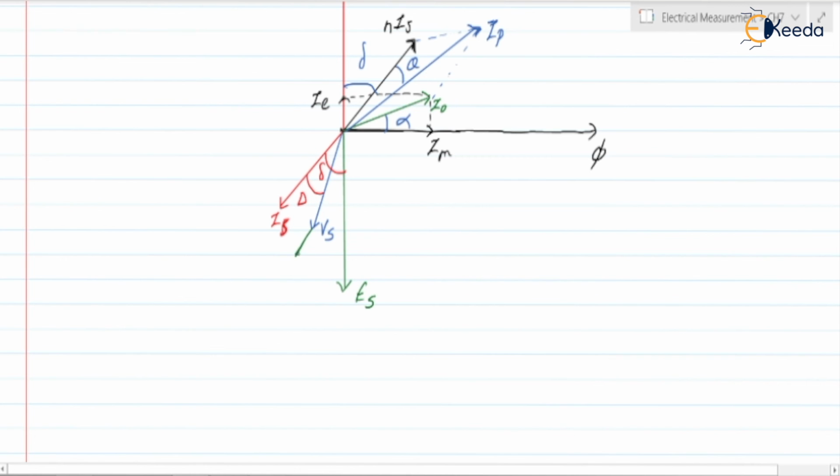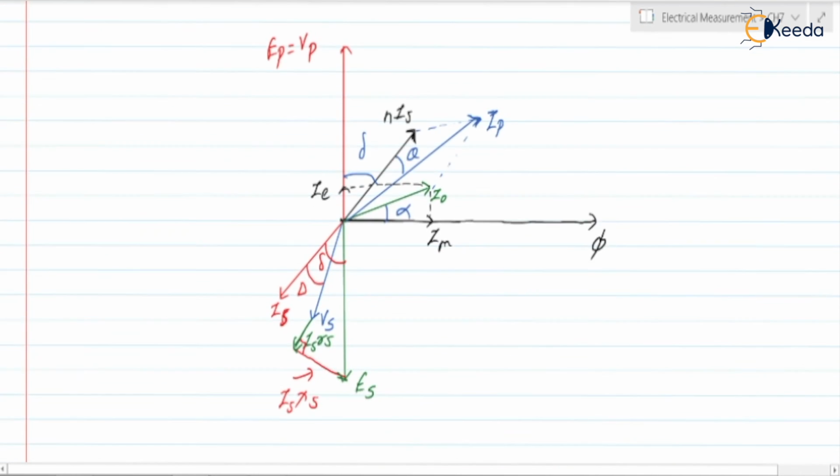This is IS into RS, and perpendicular to this will be the drop across XS. This angle is 90 degree and it is IS into XS. So ES is equal to VS plus ISRS plus j into IS into XS. So this is the simple phasor diagram of a CT.